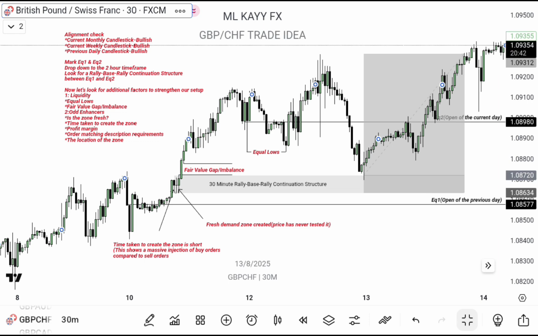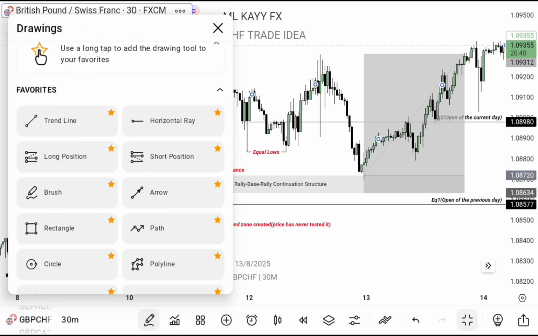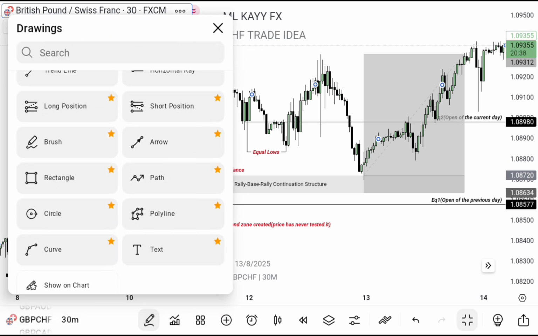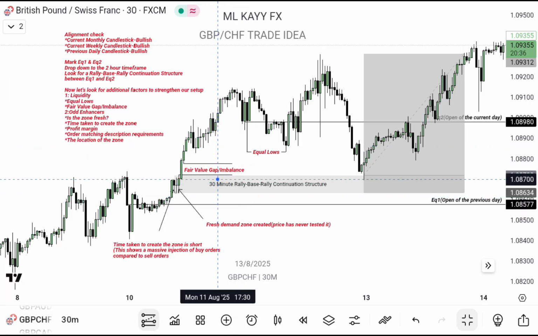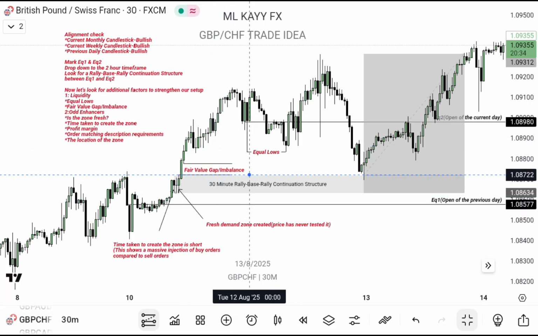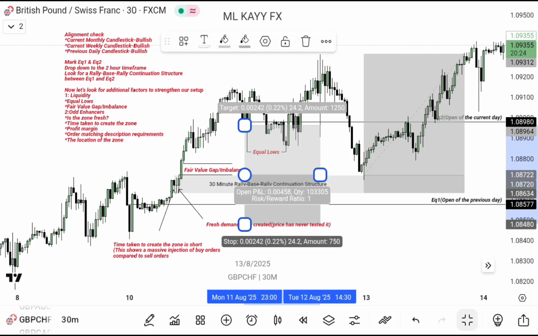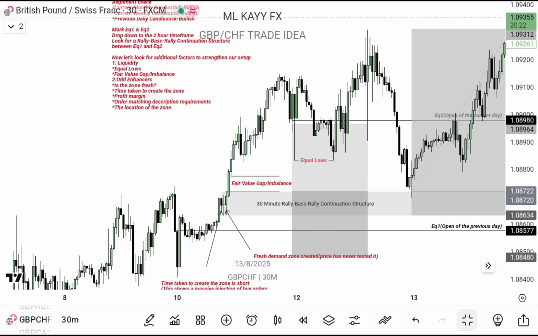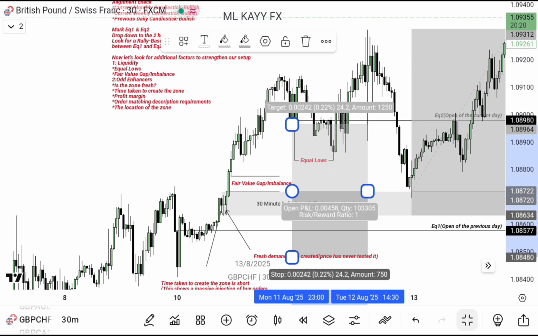So the time taken to create the zone is short. As you can see, price did not take that much. It only took 1 hour 30 minutes to create that zone. All right. So now this shows that at this certain area, the buy orders and sell orders that have been injected into the market, you can tell that the sell orders have been used up.